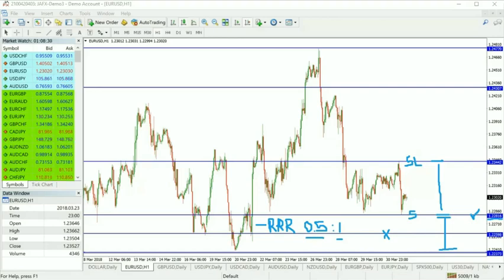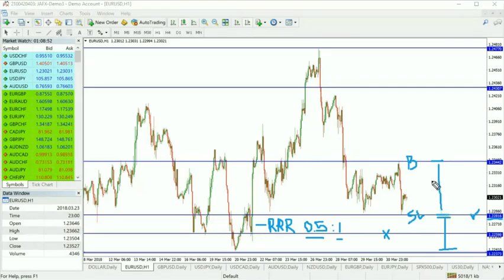But let's turn this around and have a look and see, well, in actual fact, if we look to buy this particular market now at the 23.44 level, and we do the same, we look to place our stop loss just at this level down here.